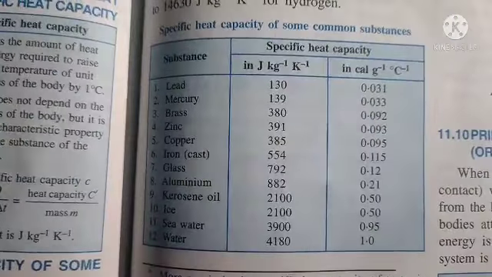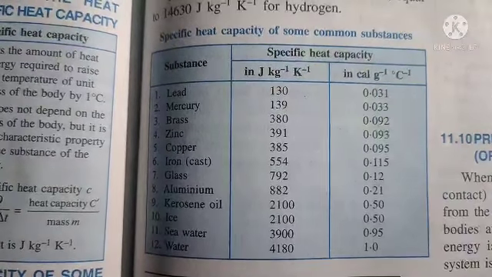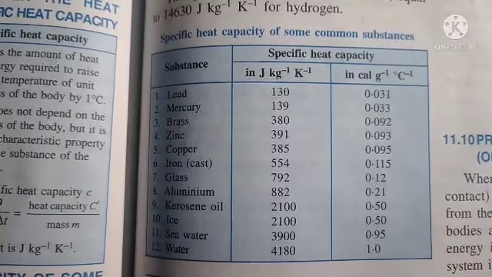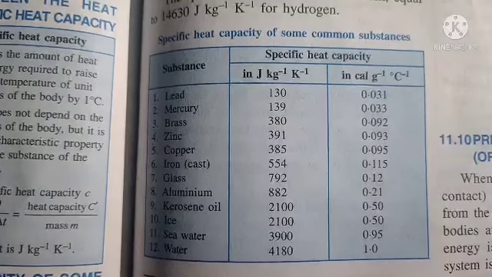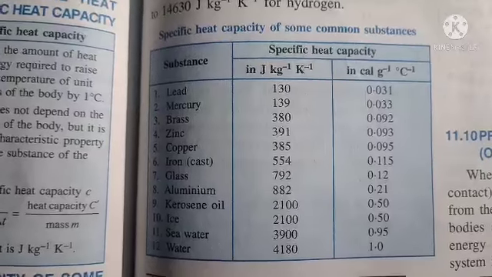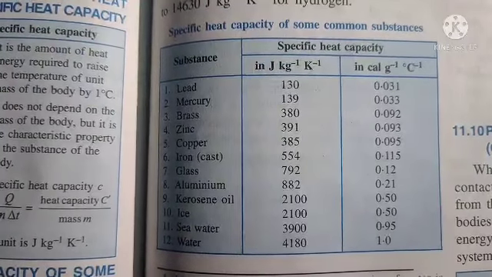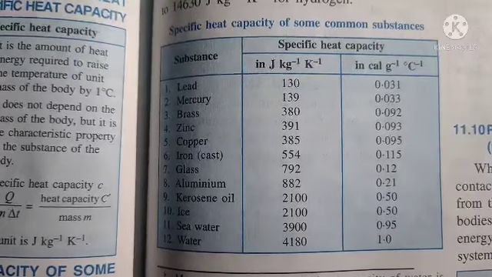For example, the specific capacity of water, you can see, is 4180 joule per kg per Kelvin. So it is maximum for water. And for copper, it is 385 joule per kg per Kelvin. So a low value of specific capacity means it is a good conductor of heat, and a high value of specific heat capacity means it is a bad conductor of heat.